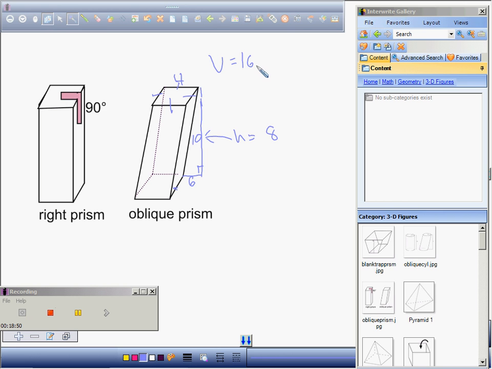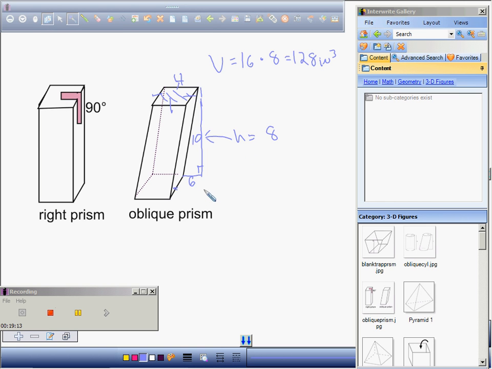Okay, 16, which is the area of the base, times the height, which I found over here, which is 8, and 16 times 8 is 32, 64, 128, right? 128 inches cubed. Okay? So that's about as tricky as they get.